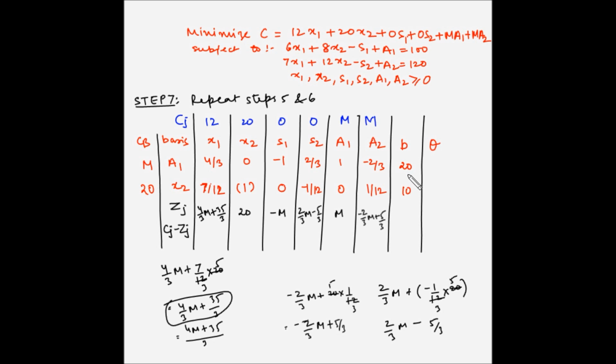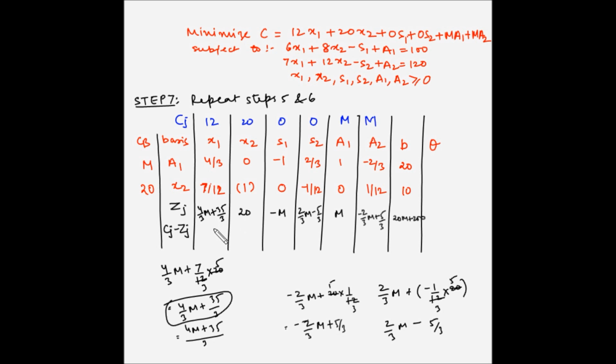And then for b, 20m plus 20 into 10, which is 200. So 20m plus 200. Now let's find the value of cj minus zj, which is cj values minus the zj values for each column.